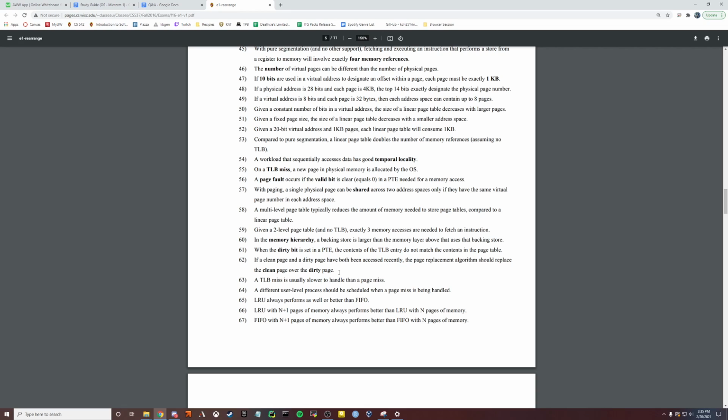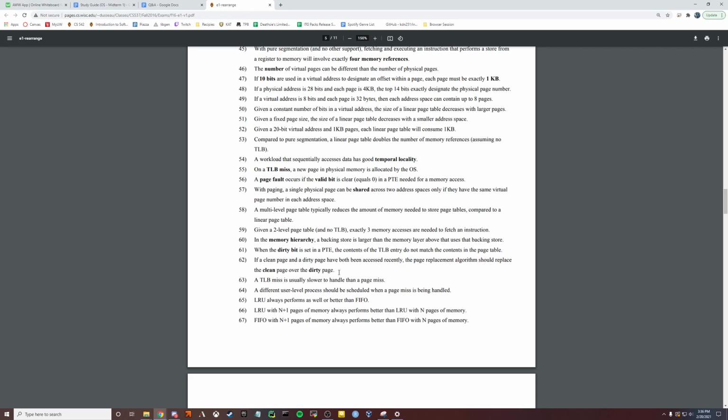Because you want to preserve the changes that you've made. So it should replace the clean page because the clean page is the same as in memory. So it wouldn't matter if you get rid of it.